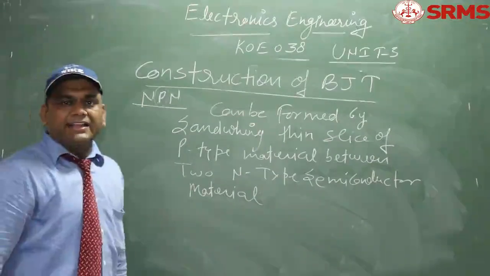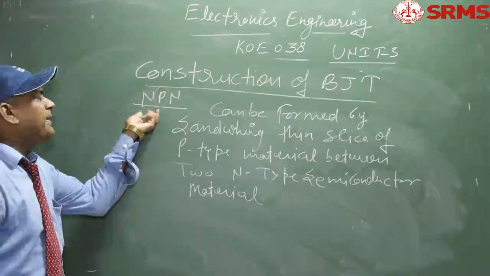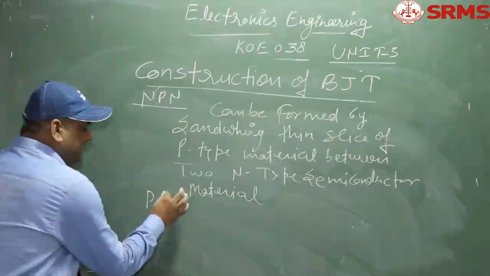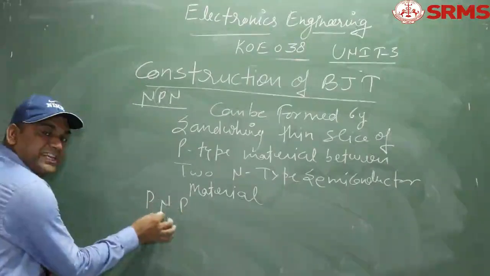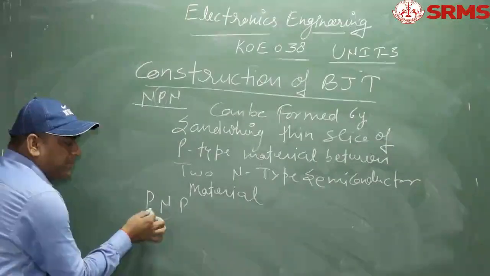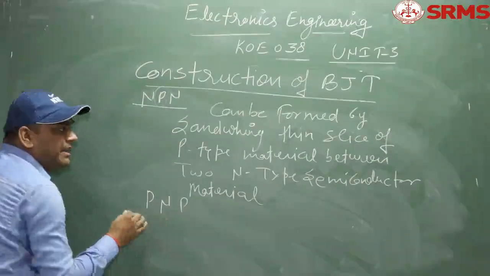Is that clear? And the same concept can be used for the PNP transistor, in which we take an n-type semiconductor slice, which must be thin. We sandwich it between two opposite type of semiconductor, that means P-type semiconductor.